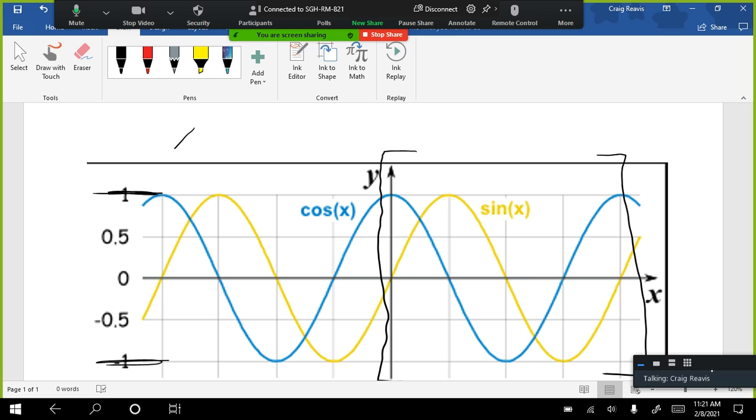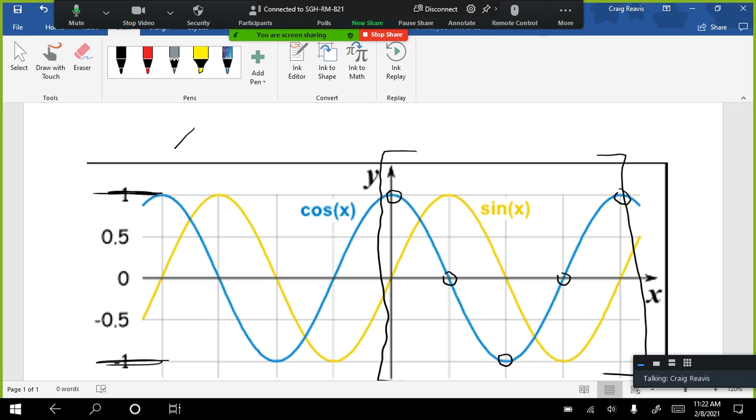The 5 key points are where it starts, and on the standard one, it starts at 0 degrees or 0 pi, where it crosses the x-axis, where it bottoms out, where it comes back through the x-axis, and where it gets back to where it started.